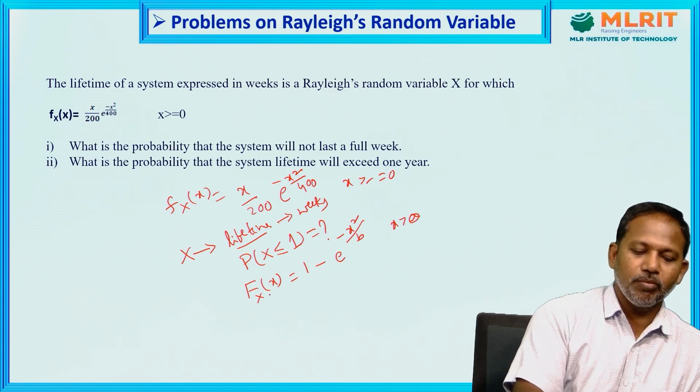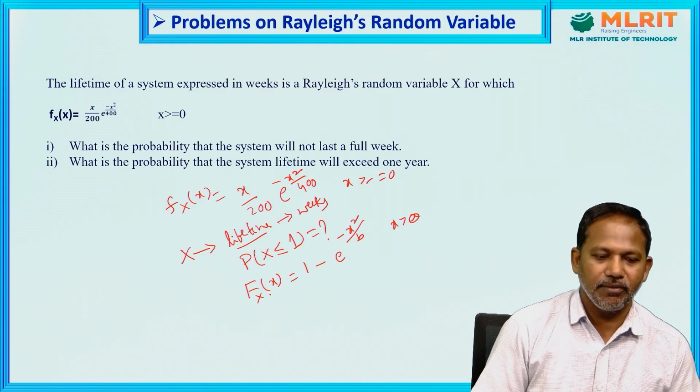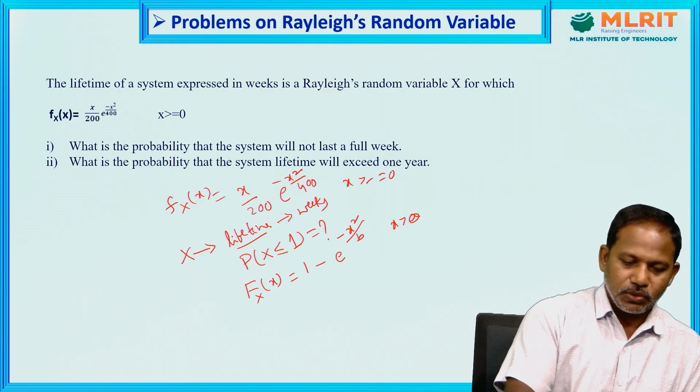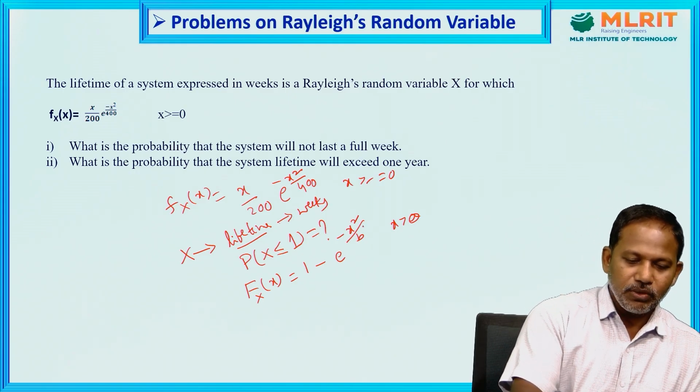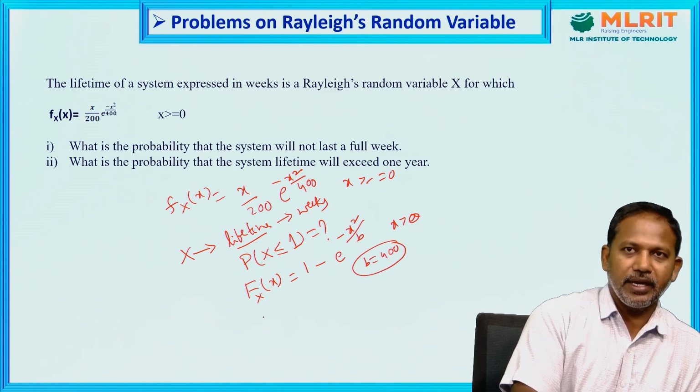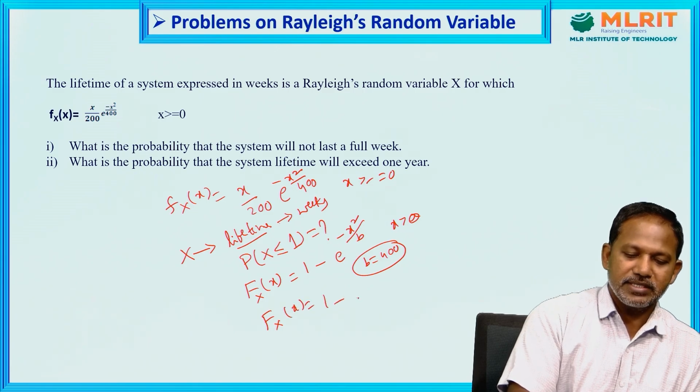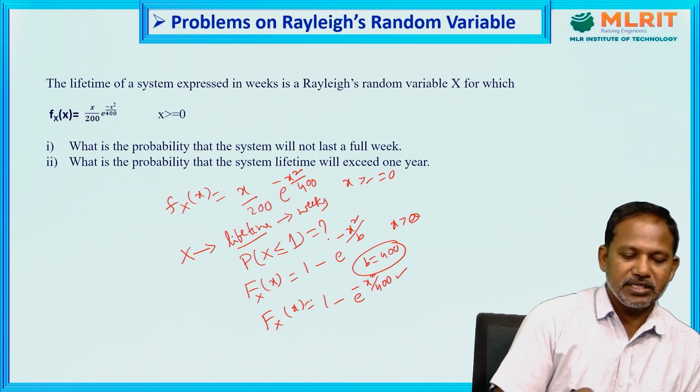This is the probability distribution function for the Rayleigh random process. Now what is the b value? Here b is equal to 400. Now we can write Fx of x is equal to 1 minus e power minus x square by 400. So this is the probability distribution function.